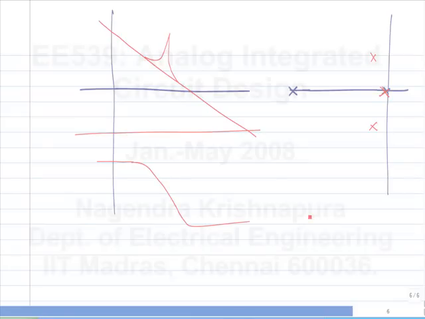So when it crosses unity, it's already very poor. It is valid, but this is not a very useful system. So the phase margin is in fact telling you that it is going to be unstable. But I want to emphasize that phase margin is not an exact criteria. The ultimate test is to find out, using root locus or Nyquist plot, where the poles are.